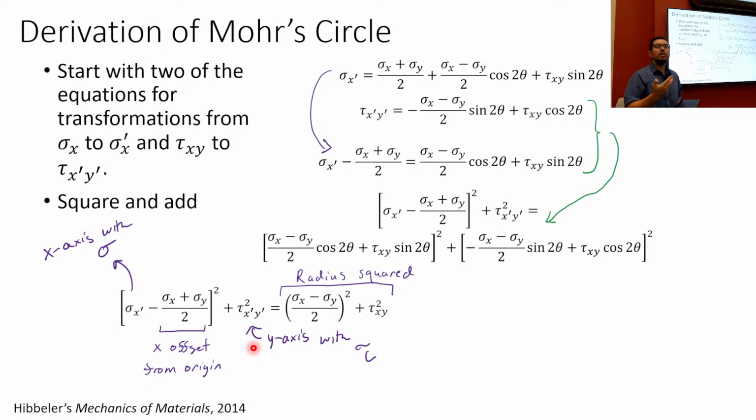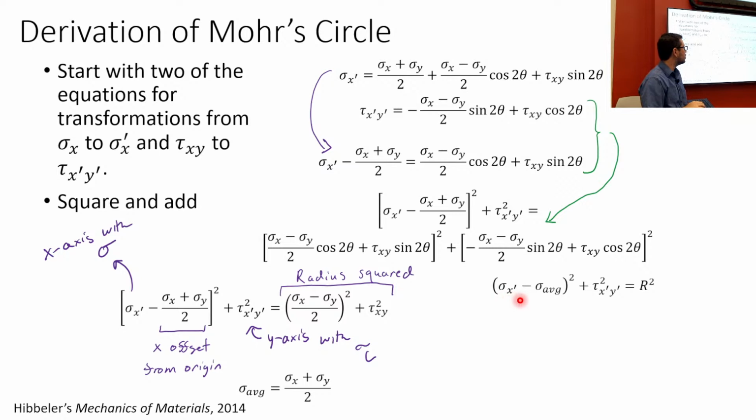This is the radius of the circle, or the square of the radius, on the right side. And so the format that we're looking at is something like this. This is Paul's x minus x naught squared plus y minus y naught, which the y naught happens to be 0, and this is equal to r squared. So this is the form of a circle.